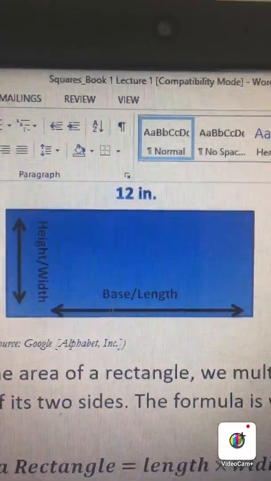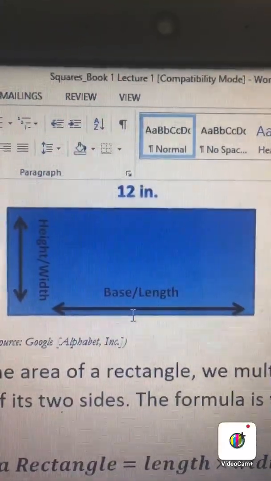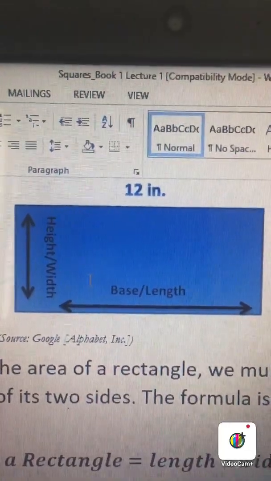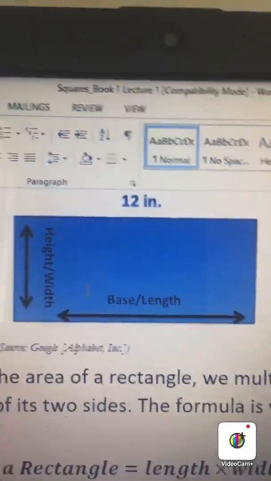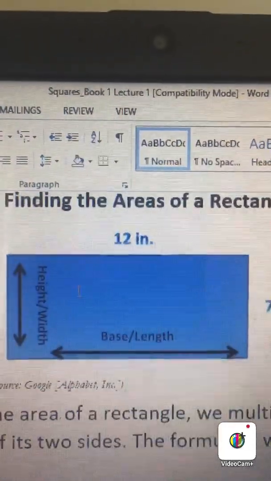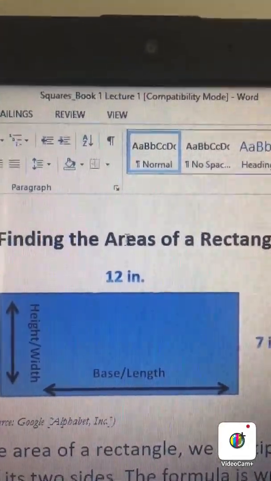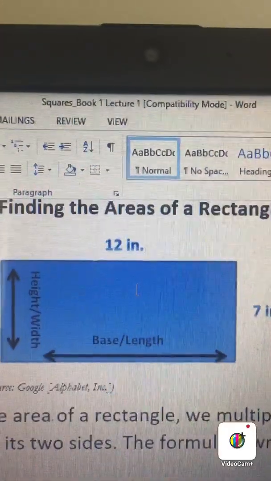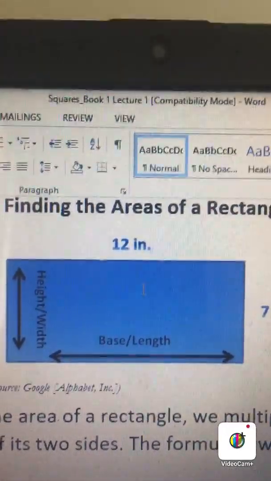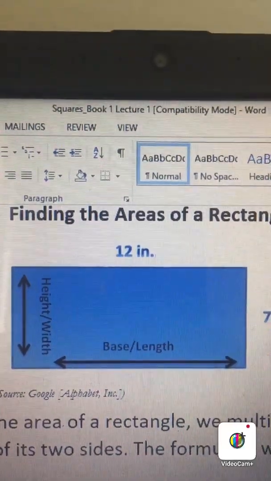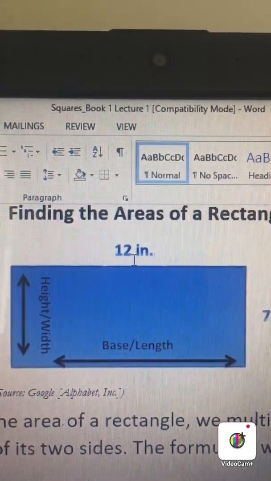This side we call it the length or the base. So once we have these two sides, we can easily calculate the area. This is the area spelling here, area of the rectangle. So let us do this example to find the area of this rectangle here. Okay?